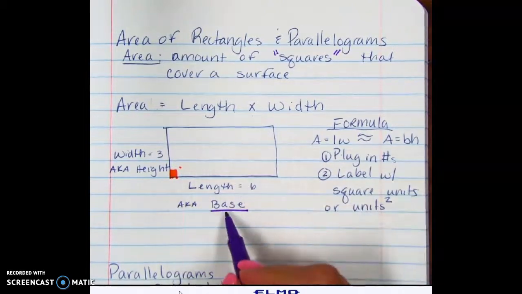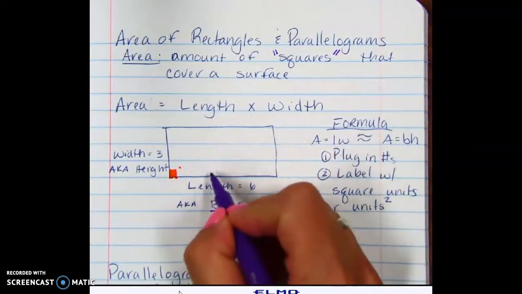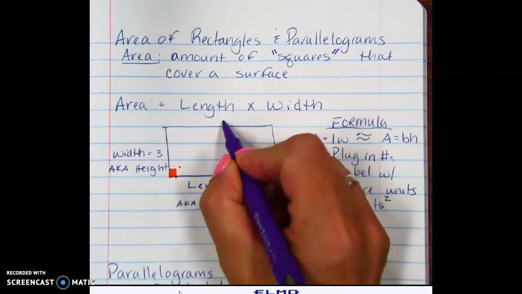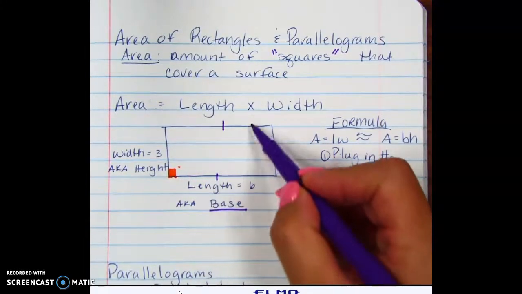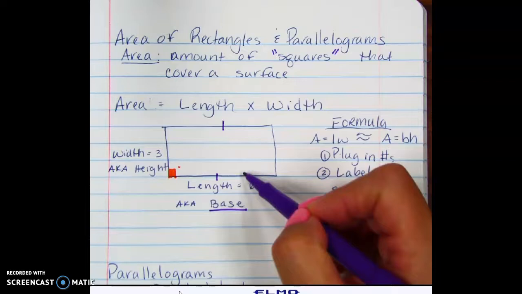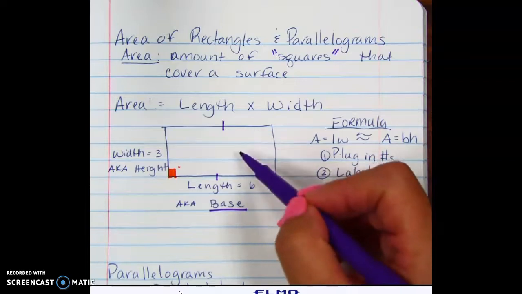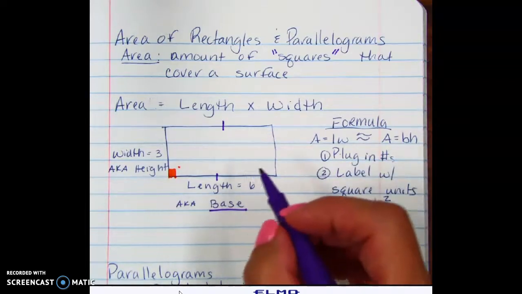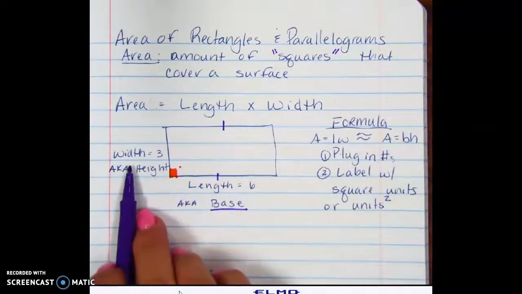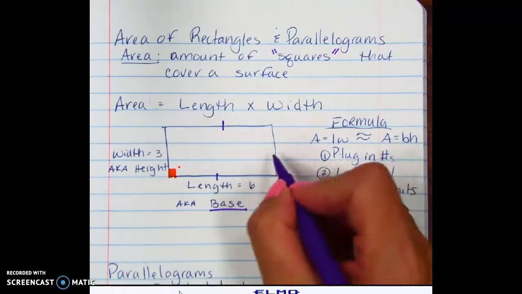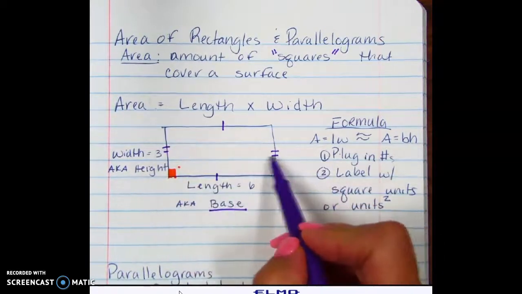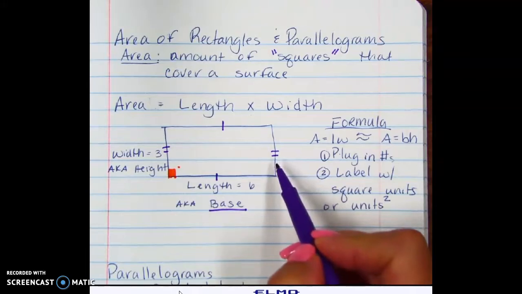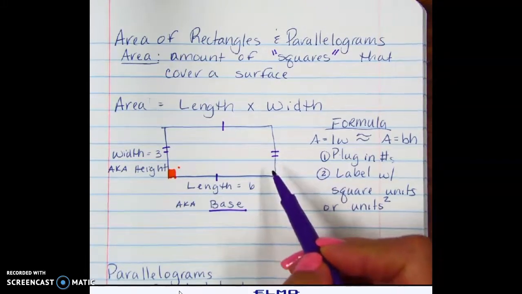And guess what? If this is the base, this can also be considered the base because it's a rectangle. We know these are both parallel, number one, and we also know that they're both the same length. And we change the word width to height. We know also that these are the same length and they are also parallel.